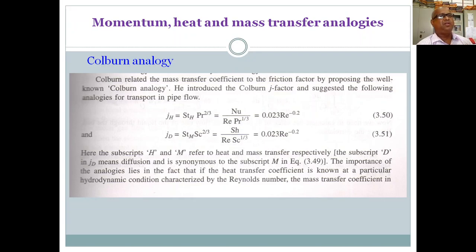That is very important, because if the mass transfer coefficient is very high, then your flux will be very high. So we always try to increase the mass transfer coefficient so that we can increase the flux, and if we can increase the flux, then we will get better separation in a smaller component.